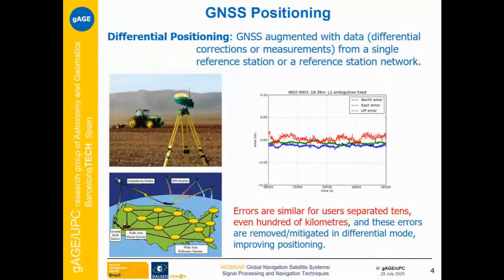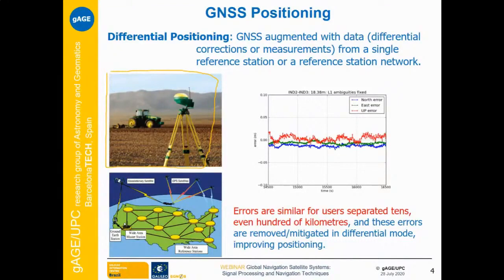But the second type of positioning that we will talk about today is differential positioning, in which we are augmenting the data that we are receiving from the satellites. And this can be done using different strategies, as we will see. To clarify, here we have a picture of 2 receivers.